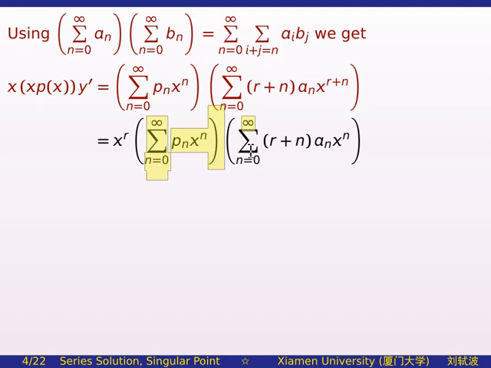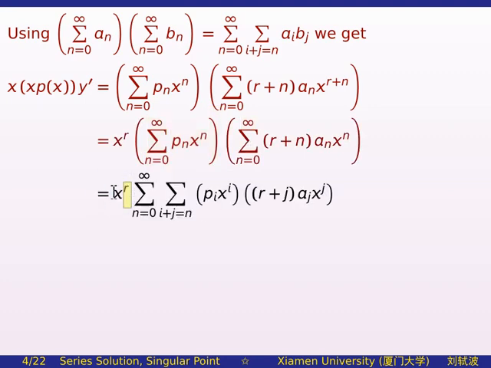This gives us x^r times a new series, with n from 0 to infinity. The nth term is the sum of a_i b_j. So this is the a_i in the formula, and this is the b_j. Therefore, this is p_i x^i, and for the second series, replace n by j. Therefore, we have (r+j) a_j x^j. So this is the result for the term involving y prime in the equation.